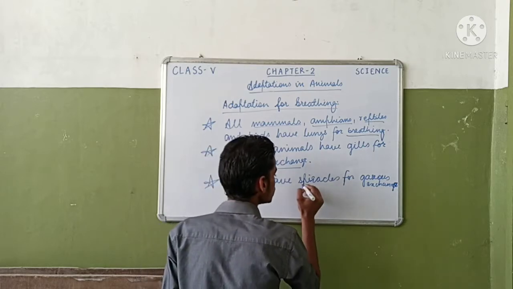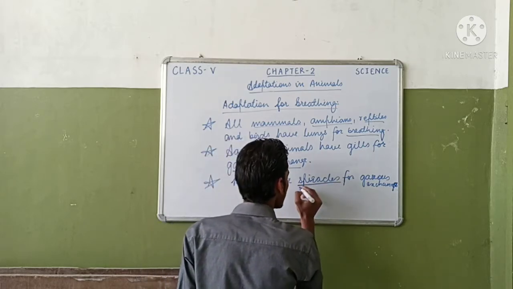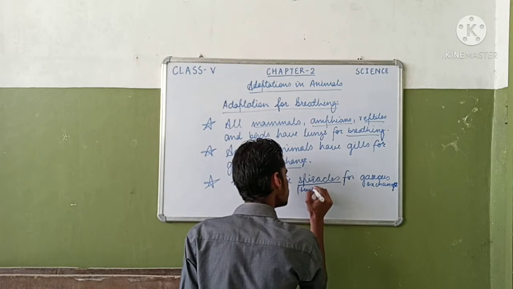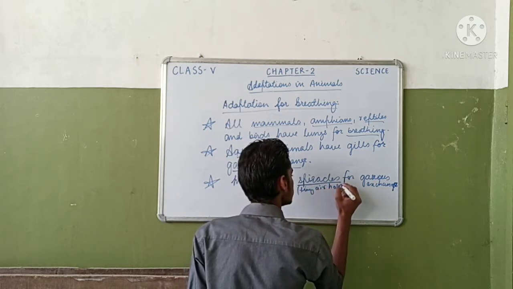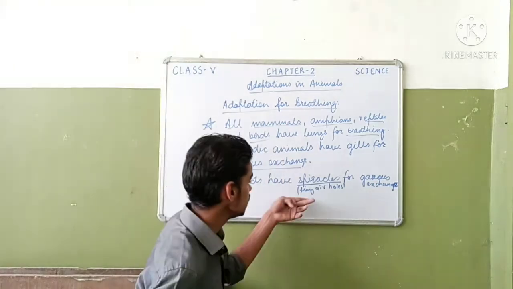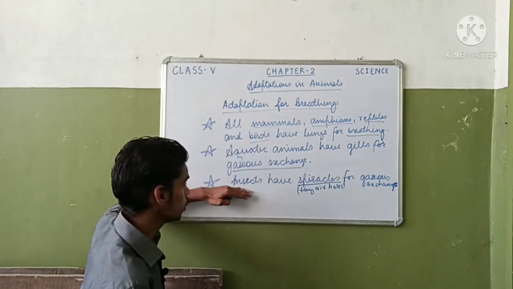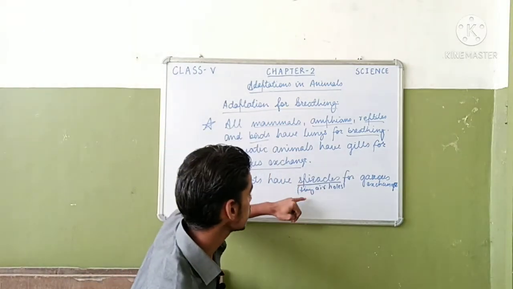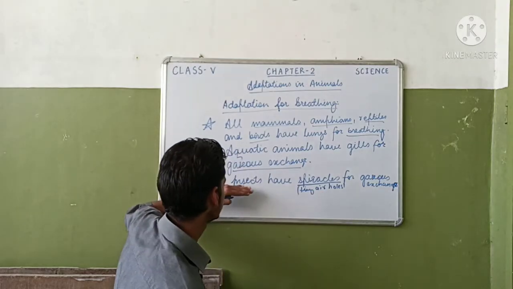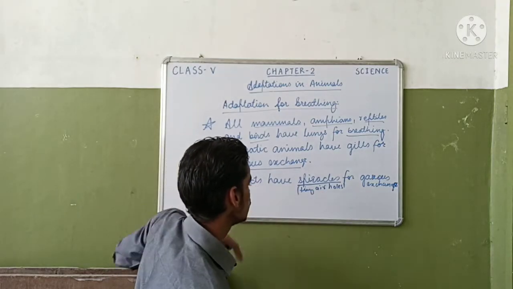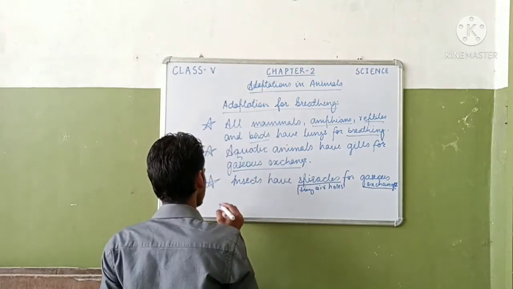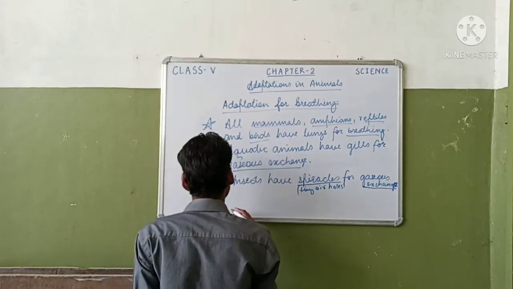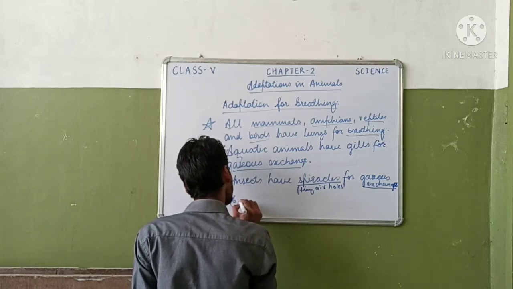So what are spiracles? Spiracles are tiny air holes present on the body of insects in order to have gaseous exchange.